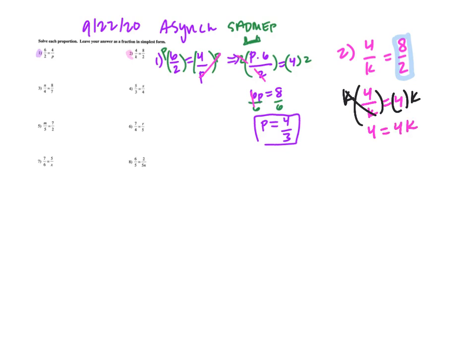Maybe you're like, well, I already know the answer. Please show it. Divide by 4, divide by 4. So we are multiplying and we are dividing. So 1 equals k. So when I'm solving proportions, I multiply and divide. Those are my main 2 operations right now.